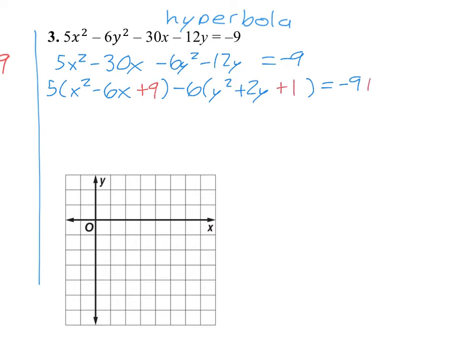On the other side, I need to add 45 and subtract 6. Okay, so this is going to be 5 times x minus 3 squared minus 6 times y plus 1 squared equals 30.